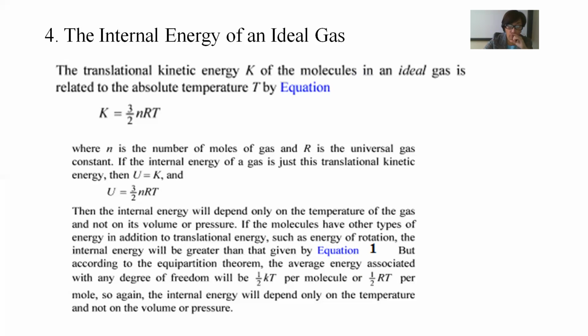For a diatomic gas, for example oxygen, the degree of freedom equals 5. For a polyatomic gas, it equals 6, and then we can calculate the internal energy.